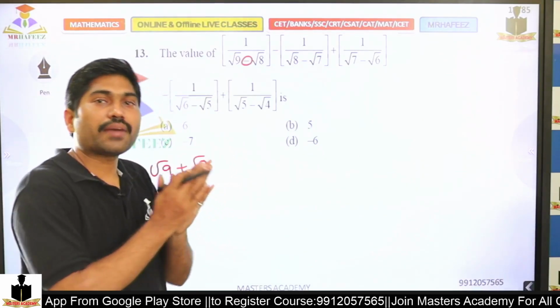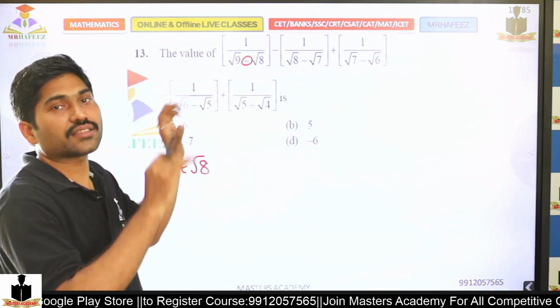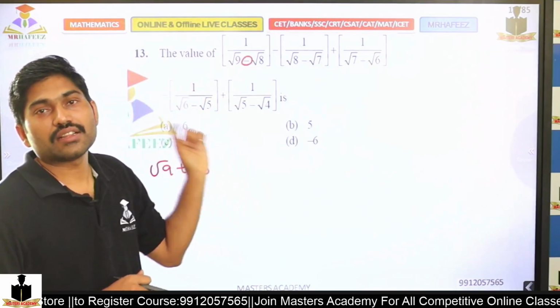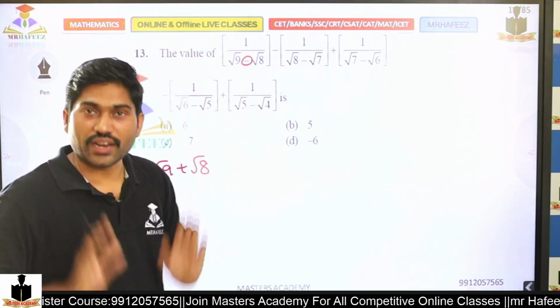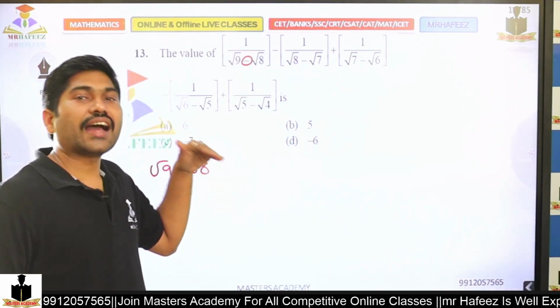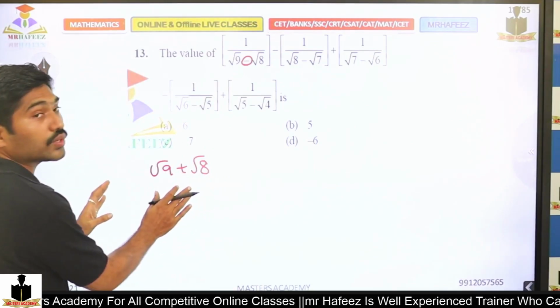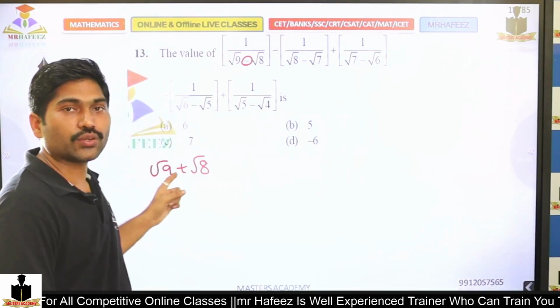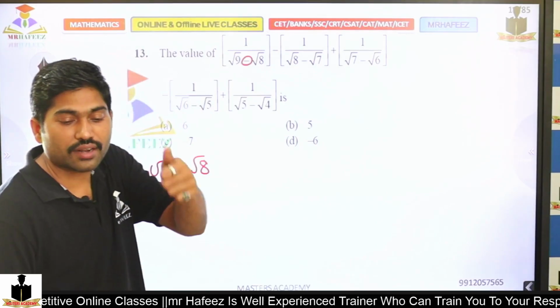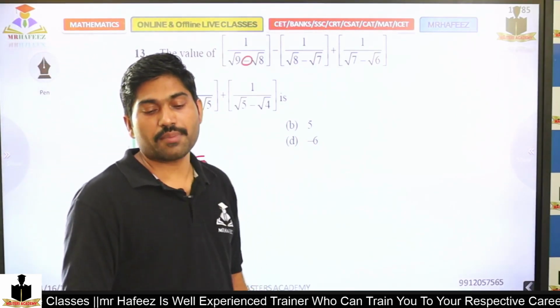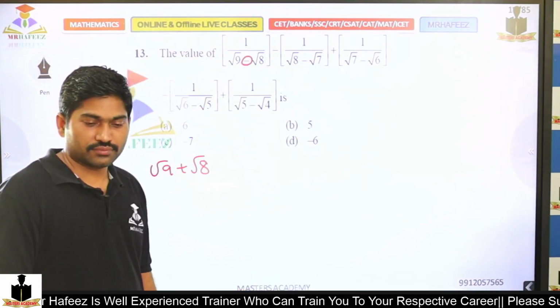So a square minus b square, the roots will get cancelled. 9 minus 8 will be left over. The denominator value is 9 minus 8, which is 1. And what about the numerator? As I multiplied by root 9 plus root 8, the value will be root 9 plus root 8. If you are clear, W in the comment box.